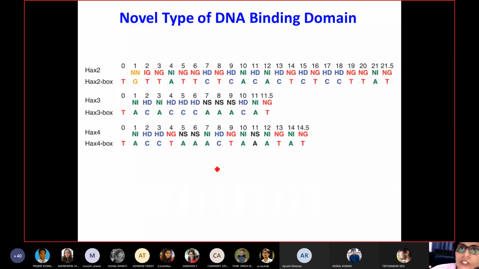Since the code was released, they used this target DNA specificity of other TAL effectors and predicted their boxes. This is one example where the repeat sequences had more amino acids in the repeats.